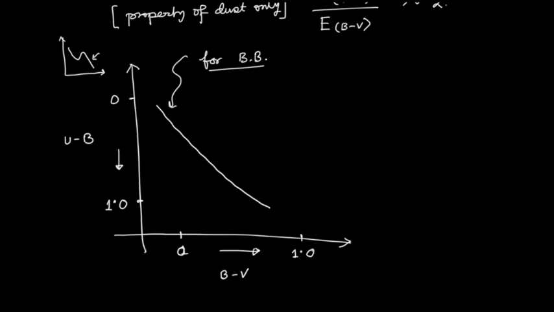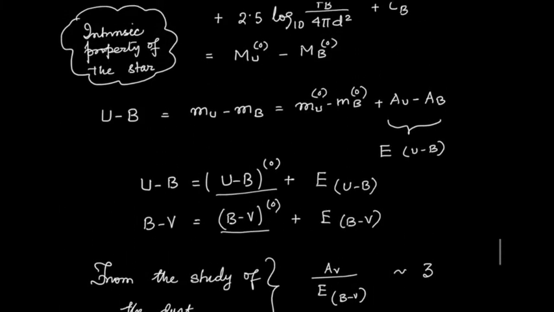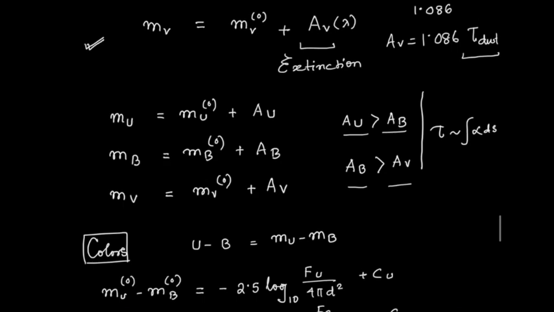What happens if the star is radiating like a black body still, but there is dust extinction? What does the dust do?